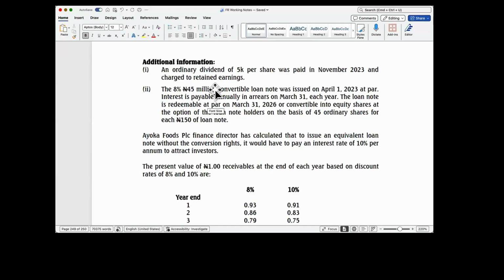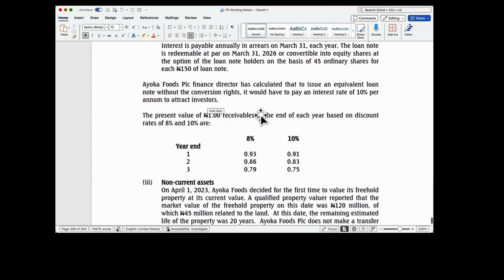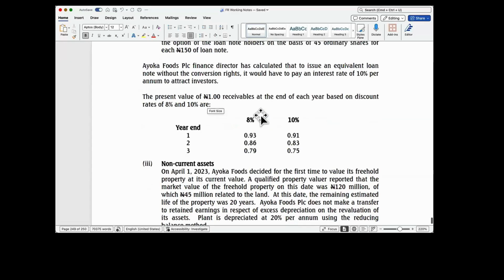We're told that Ayoka Foods Finance Director has calculated that to issue an equivalent loan note without the conversion rights, it would have to pay an interest rate of 10% per annum to attract investors. The present value of 1 naira receivable at the end of each year based on discount rates of 8% and 10% are, so we're given the discount factor for each discount rate.